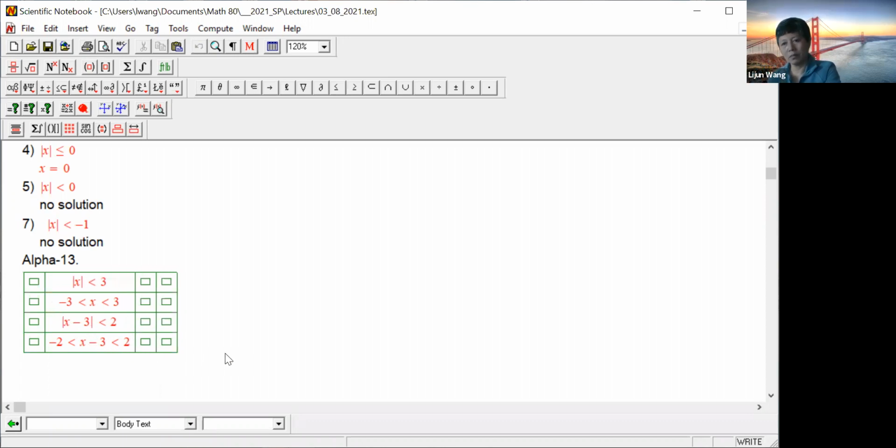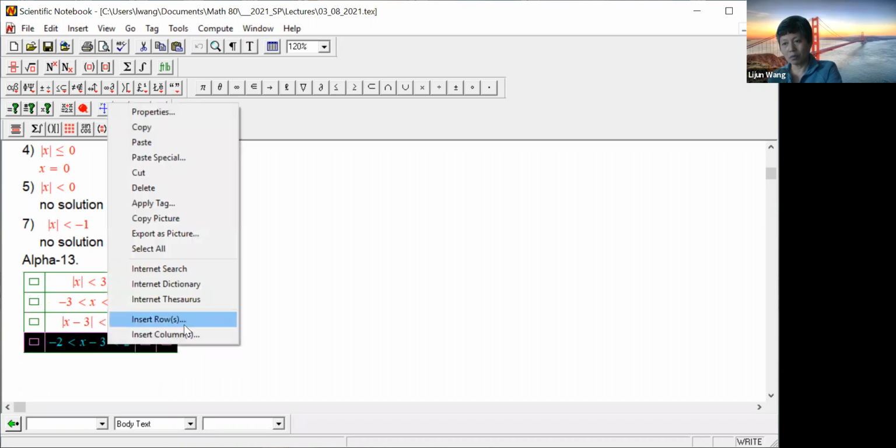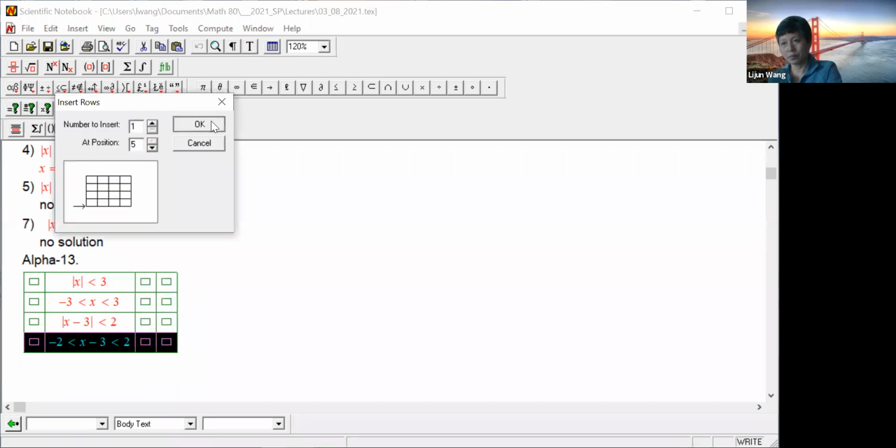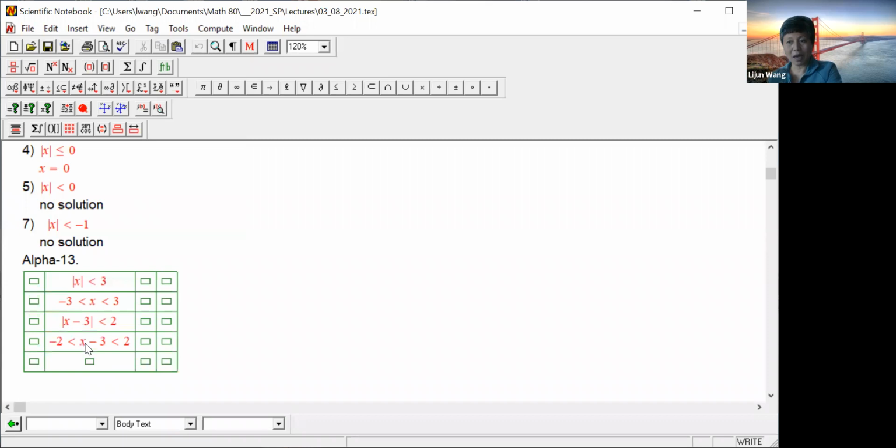You follow me? So it's really the same mode, and one more row. And we just have to isolate the x. How do we isolate the x? We're going to add 3 on every side. We have 3 sides. Add 3, add 3, add 3. Because if that is true, we add a 3 on all sides, it will still be true.